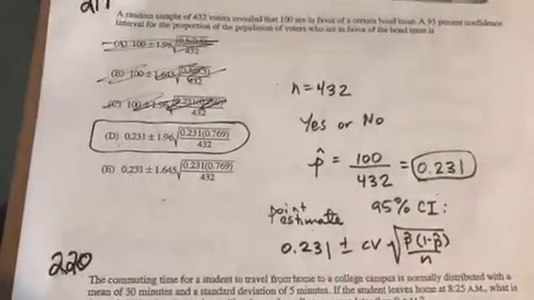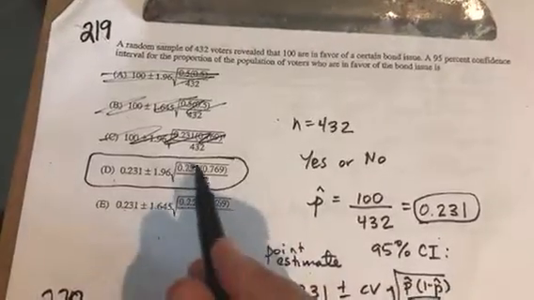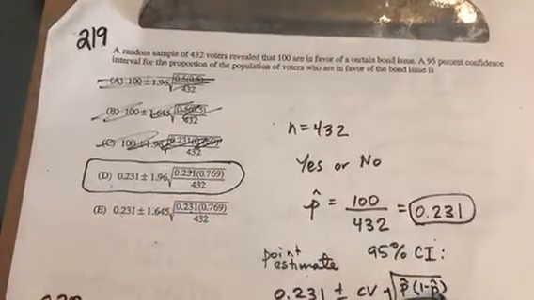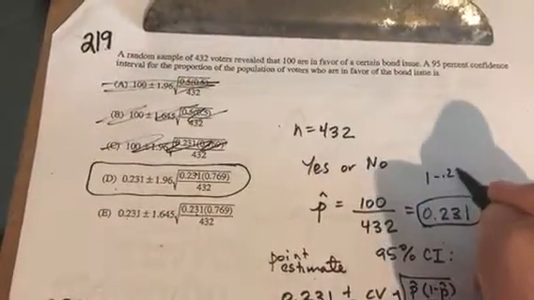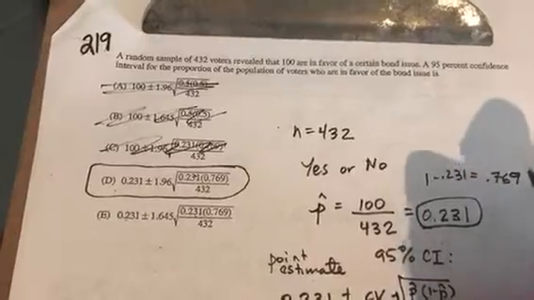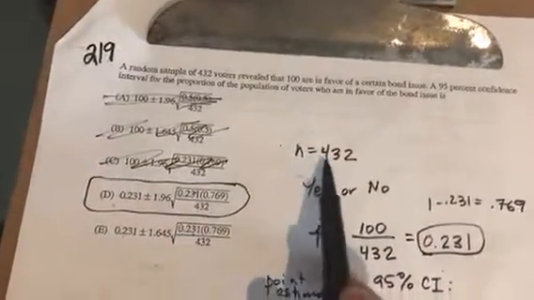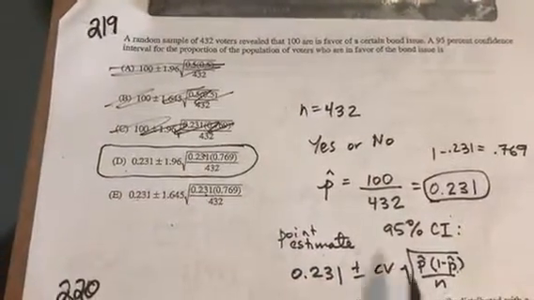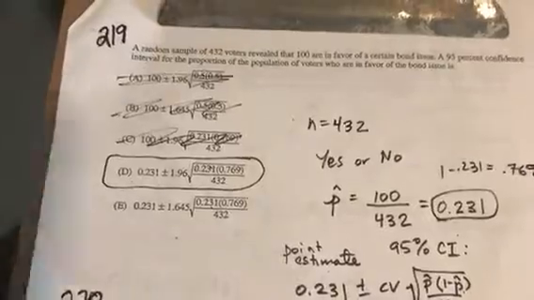And 1 minus p hat is just 1 minus 0.231, so that's where they got that 0.769. That's where they got that number. The critical value is the only difference here, so that's really what I have to look up.